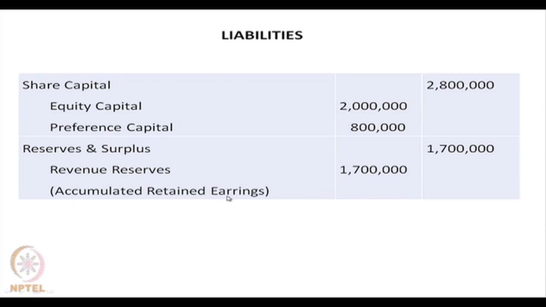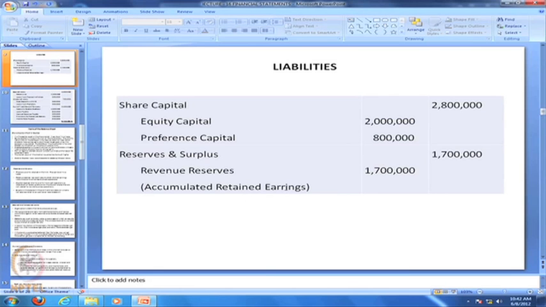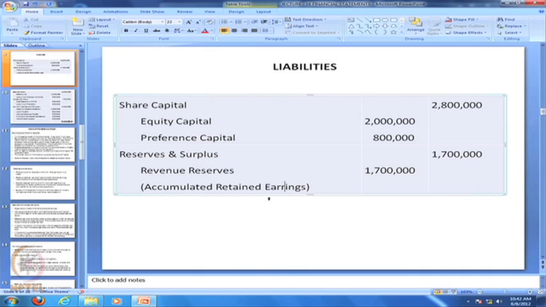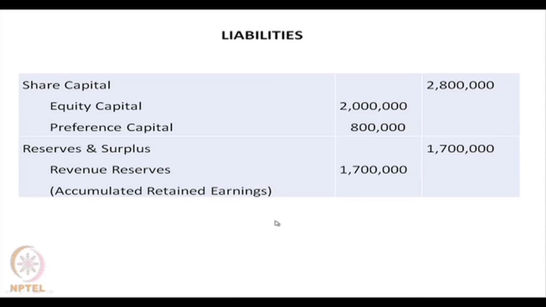Then, as time proceeds, certain profits. There is a mistake here in the spelling. This should be earnings. Every year there is certain earning that is retained and not given away as dividends. So, if you add all of these earnings, that becomes accumulated retained earnings, and in this case this is 1,700,000 rupees.